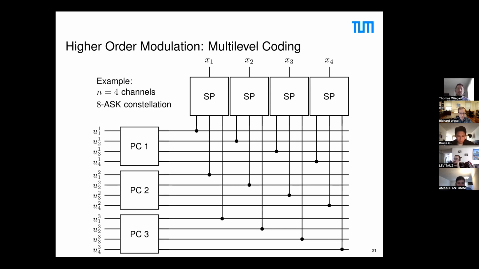And for decoding, we first decode the first polar code, and then given the decoded values of the first polar code, we demap the bits for the second polar code, and then for the third, given the first and the second polar code.